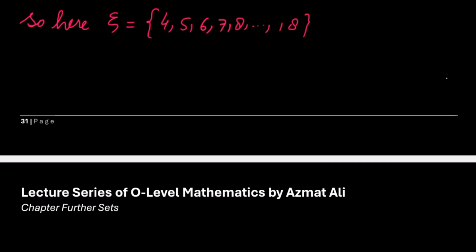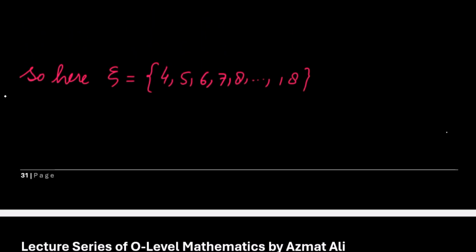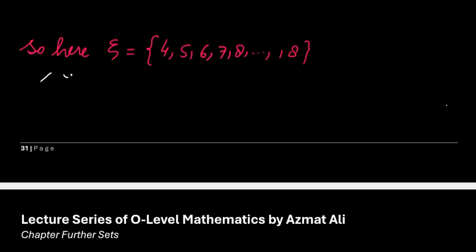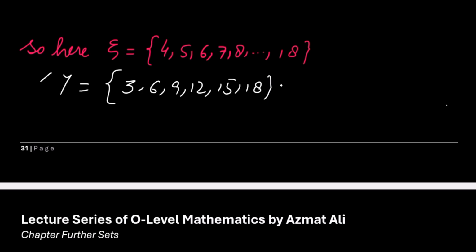The next set is set Y. Set Y is multiples of 3. So this set has elements 3, 6, 9, 12, 15, 18, and Z is a set of all multiples of 9.